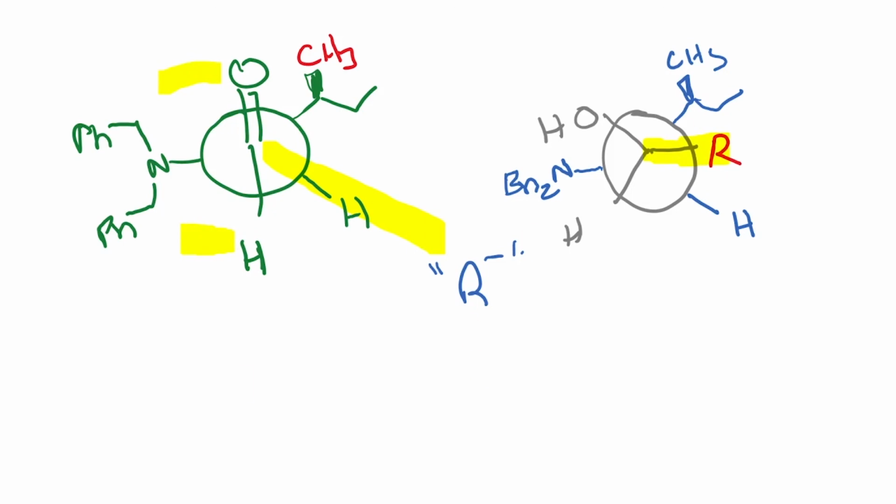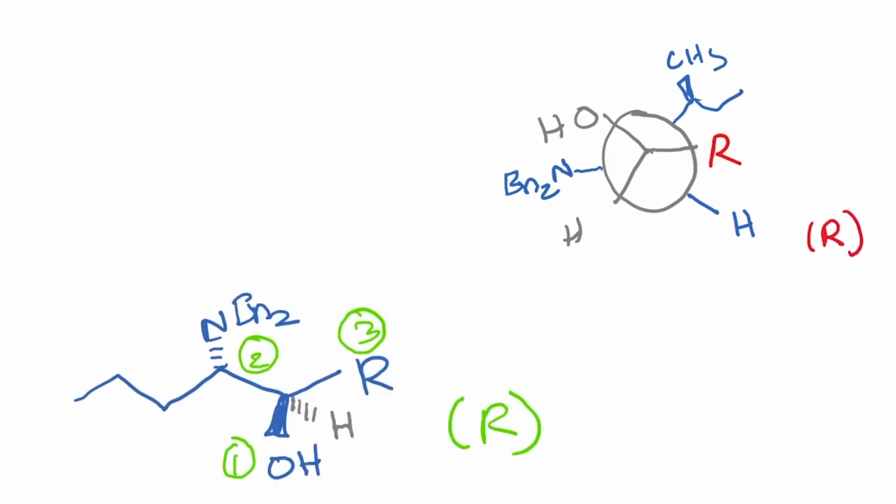Now the way we would check it is to assign the absolute stereochemistry, which I have done here. For this compound, this gets priority number 1, the carbon behind gets priority number 2, R gets priority number 3, and hydrogen is number 4.